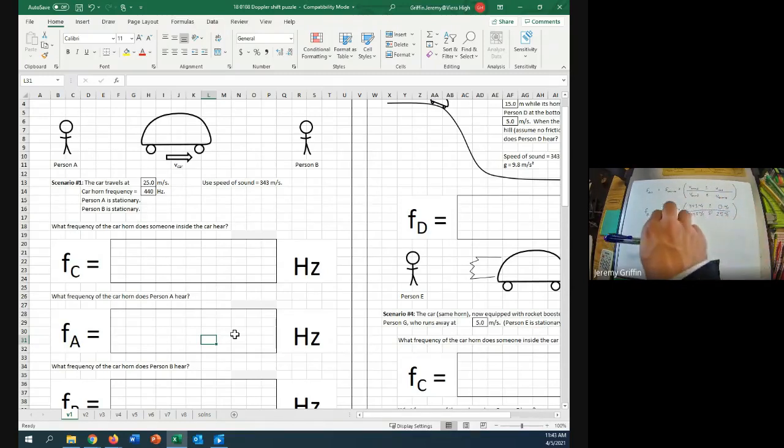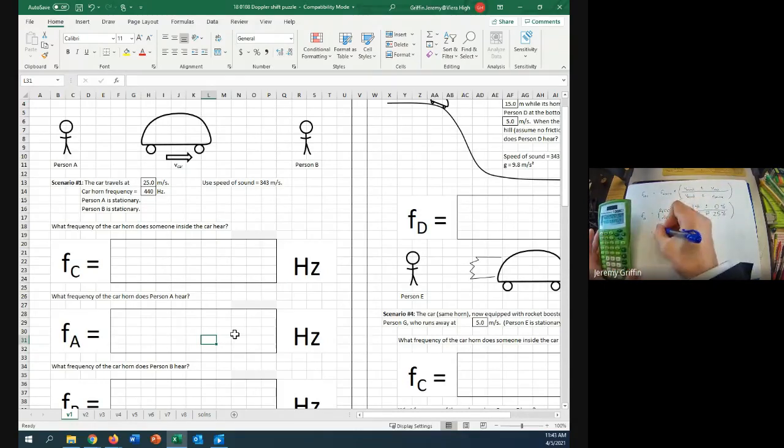So you take the original 440 hertz, multiply by something less than 1, and get a pitch smaller than 440 hertz. That's the end goal. You told me even before I wrote anything that the observed frequency has to be less than 440 hertz, and the only way to get there is to add on the bottom. Try this out: 440 times 343 over 343 plus 25. That's telling me 410 hertz. I can believe that. That looks about right.